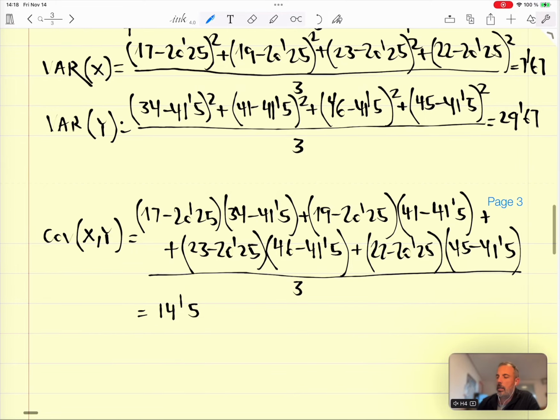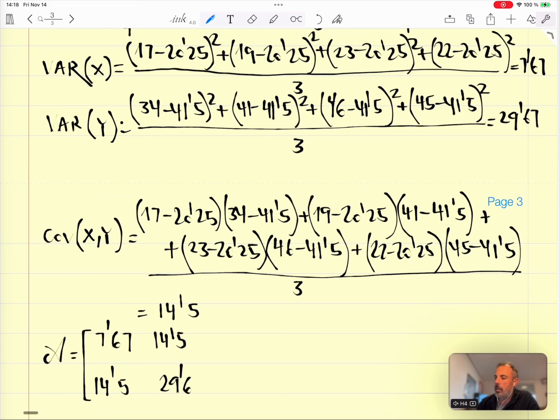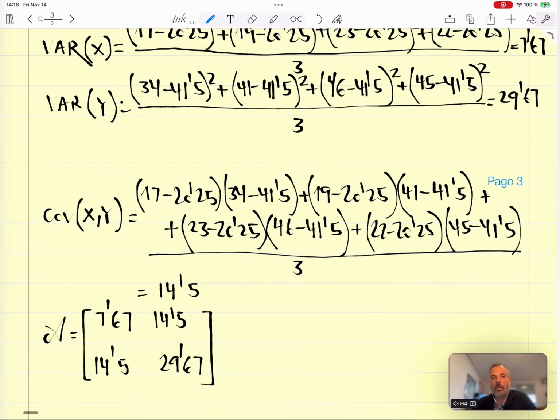So our covariance matrix equals 7.67, the variance, then 14.5, 14.5, and 29.67. Okay, so far, any questions? Is everything okay? Can you follow? I don't know. Some reaction would be nice.